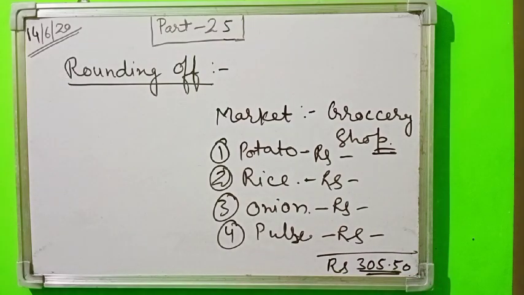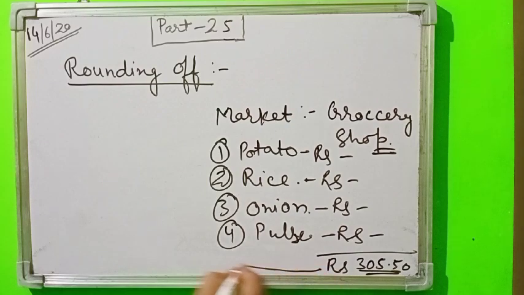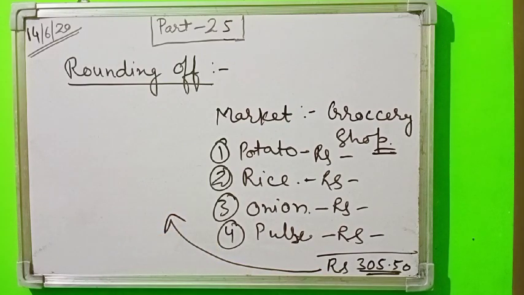This is the cost of all the items the shopkeeper has given to you. Now you persuade the shopkeeper to round off the whole amount.